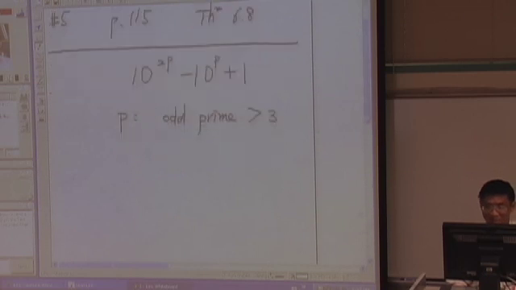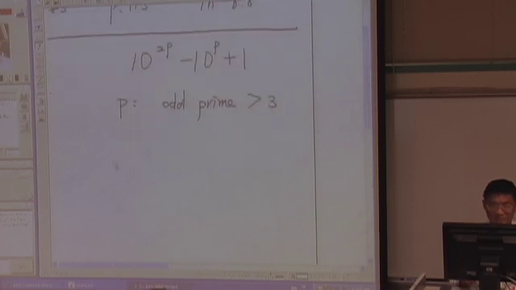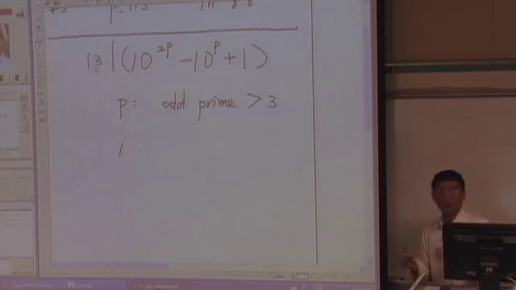The statement that we want to prove is that 13 divides this number.